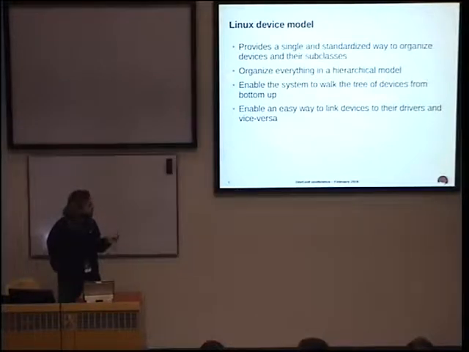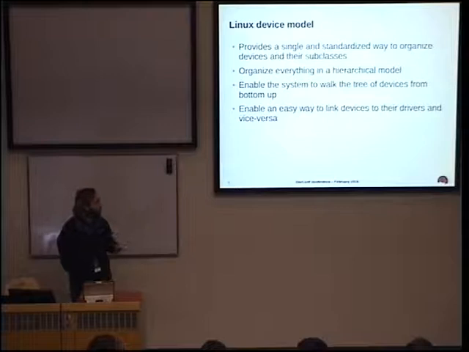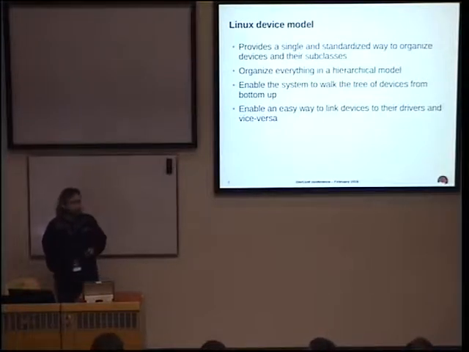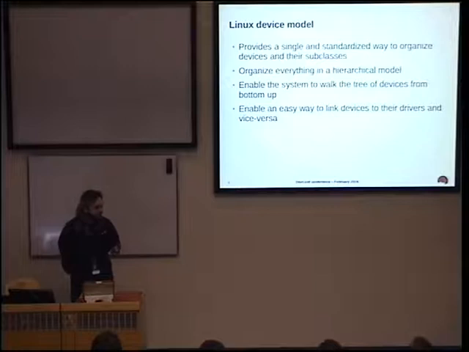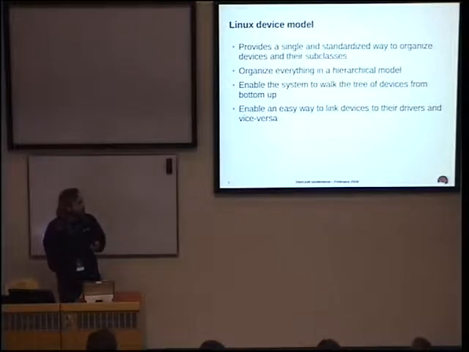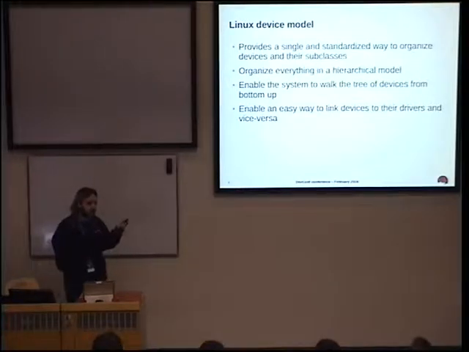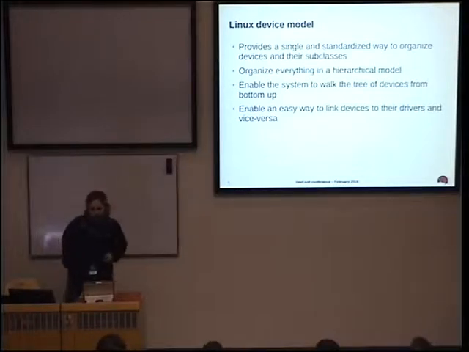So we can walk this tree from the bottom up, as an analogy, like a file system tree. One of the main uses of this is power management inside the kernel. For example, if you have a USB flash drive attached to a computer, you certainly don't want to turn off the USB hub before you turn off the flash drive itself.